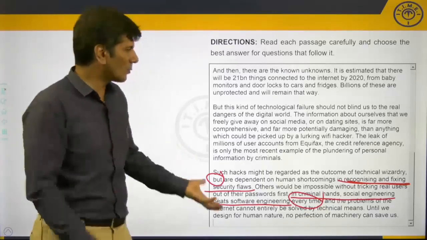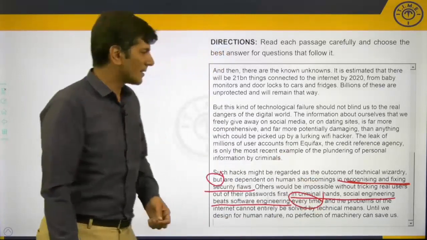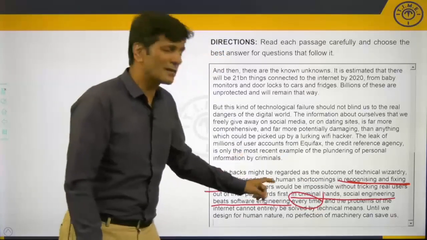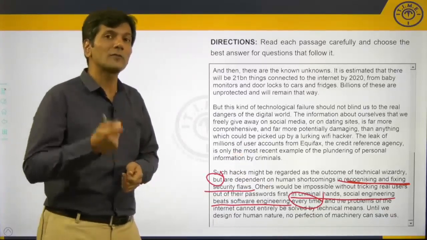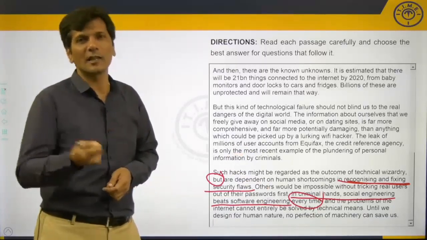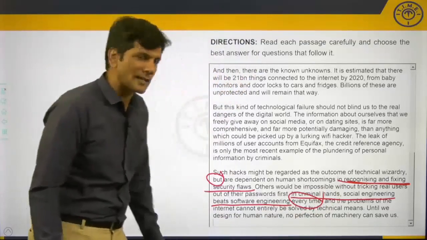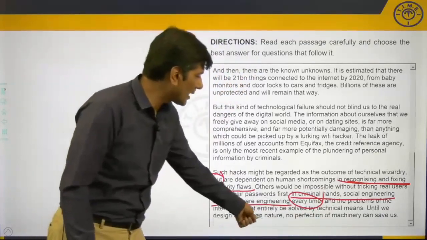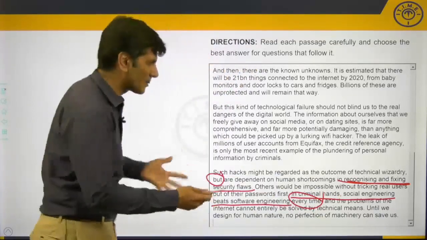So essentially what the author wants to tell us from this paragraph is that criminals use social engineering to bring out essential information from potential users and use that information against those users in cheating them. And it ends with a sentence that says, until we design for human nature, no perfection of machinery can save us. So what does this mean?